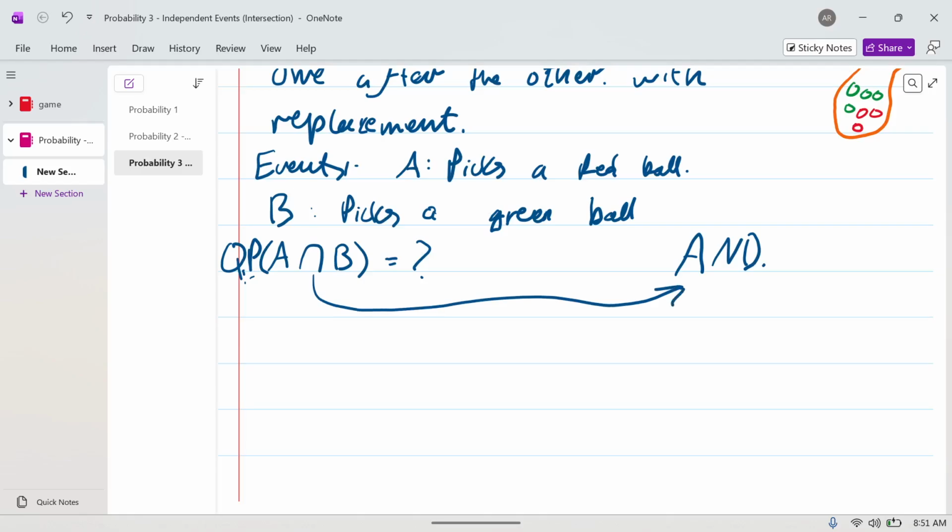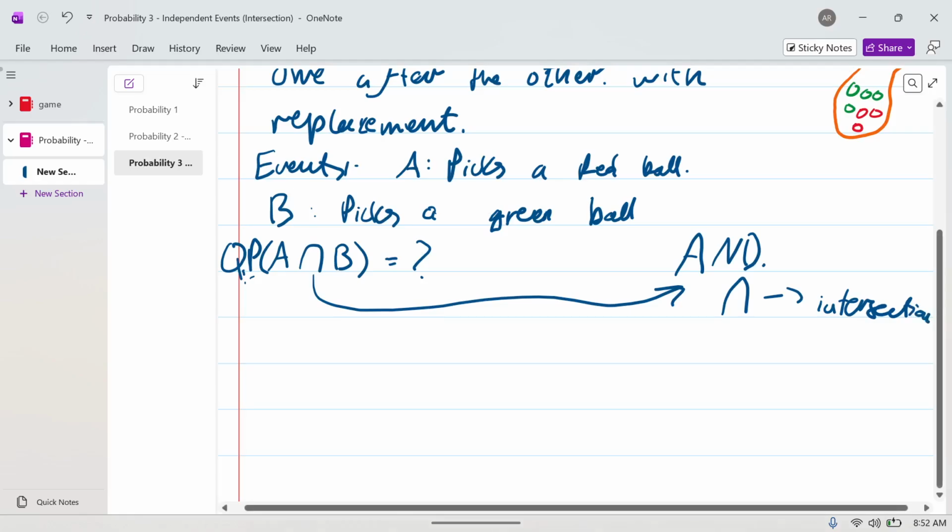So the examiner, if you ever see this between the names or the symbols for two events, it's just asking for an "and" between two of the events, right? So this thing, this upside down U, is just called intersection, right?